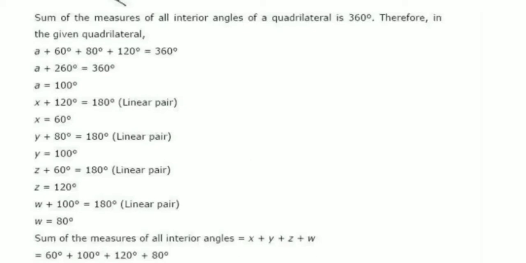So a is equal to 360 degree minus 260 degree, it will come 100 degree. Okay, so w plus 100 is equal to 180. So w is equal to 80 degree. Now sum of x plus y plus z plus w: 60 degree plus 100 degree plus 120 degree plus 80 degree, it is equal to 360 degree.